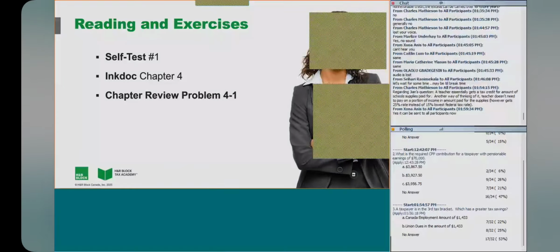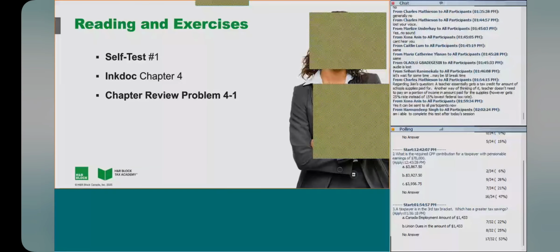Self-test number 1 comes after chapter 3 in the textbook, but before chapter 4. So do your self-test number 1 and the chapter review problems for chapter 3 if you haven't already. Then after lunch, we will look at the ink doc for chapter 4 and chapter review problem 4-1.